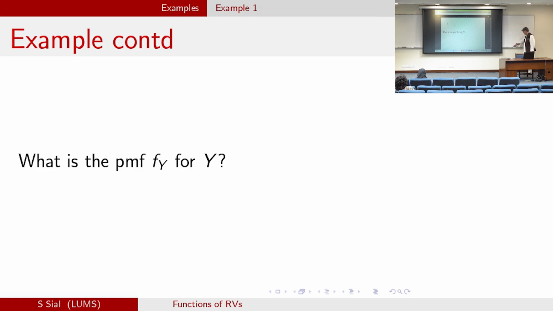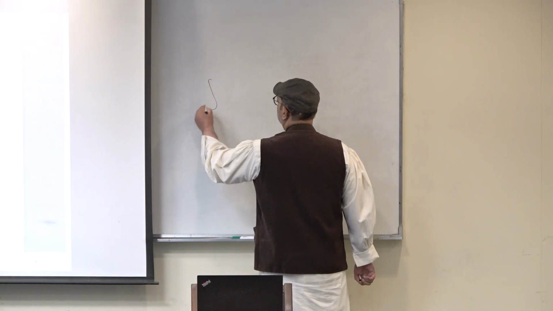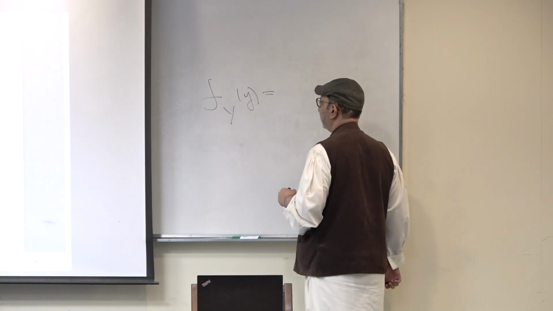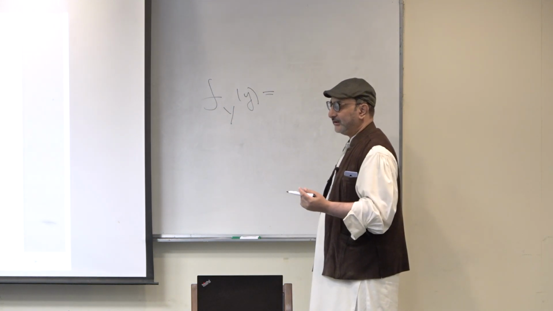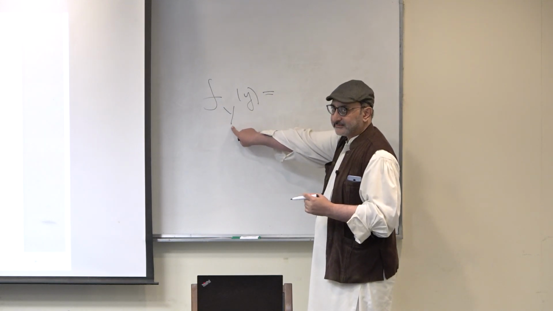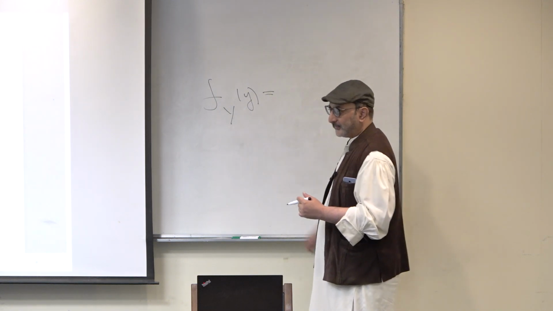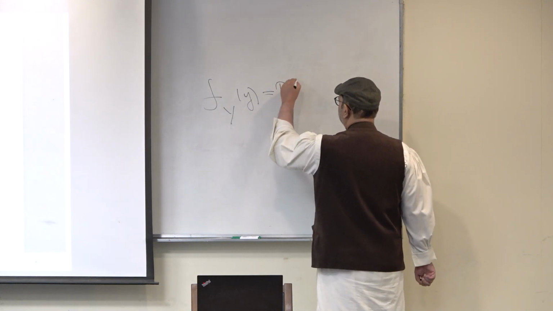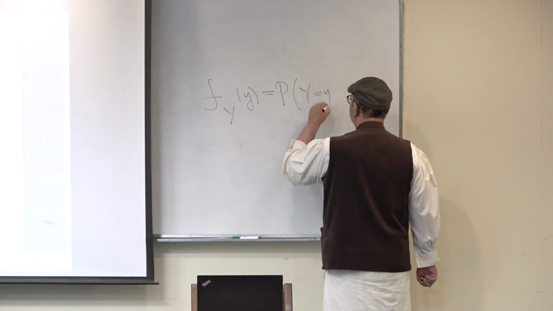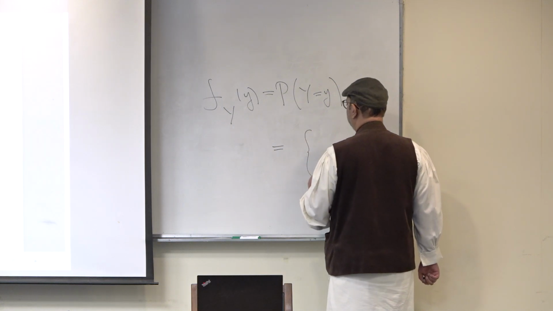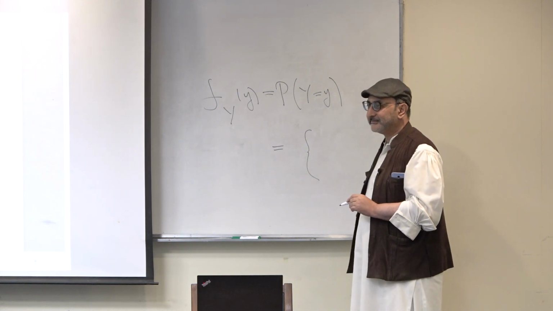Okay, well, all right. The PMF for y is defined by saying, what's the probability that the random variable y takes the value small y? Okay, that's the probability that Y is equal to y. Now, what values can y take?